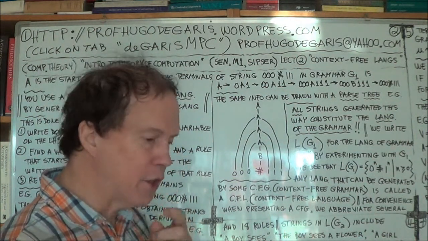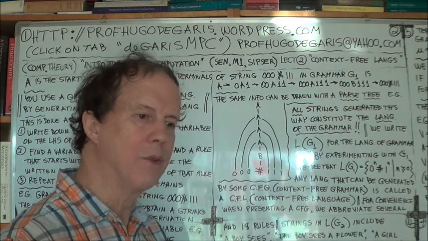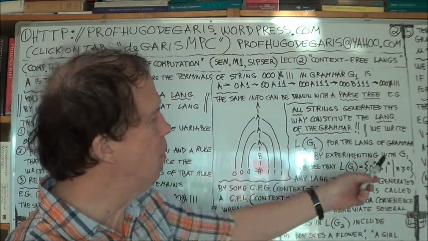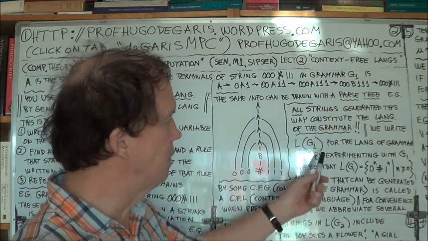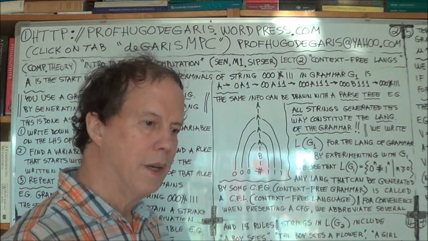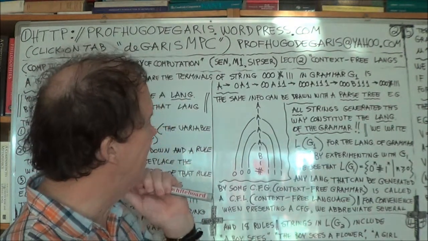So, for a string to be a member of that set, what property does it have? In other words, what is the language? Describe the language. Well, by experimenting, remember that, and this is sort of a technical term. Remember, experiment means to, well, in this context, what would it be?